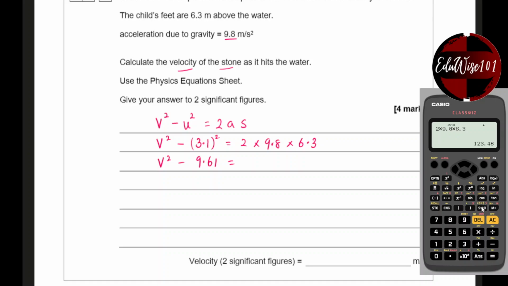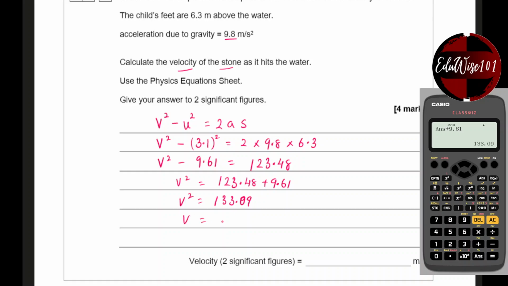That gives me 123.48. So v squared is 123.48 plus 9.61. So add that to 9.61. That's 133.09. v squared is 133.09.